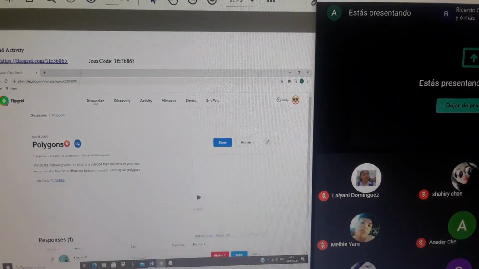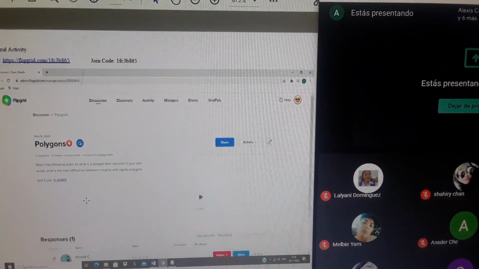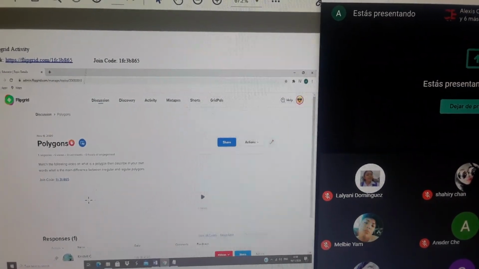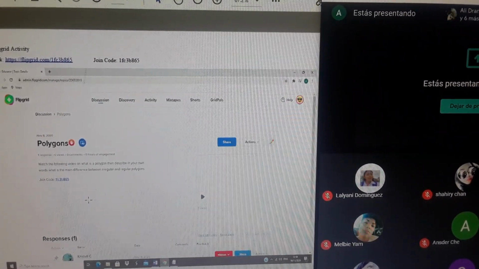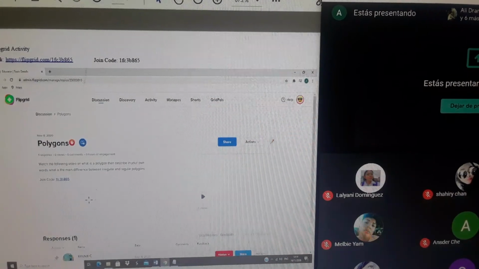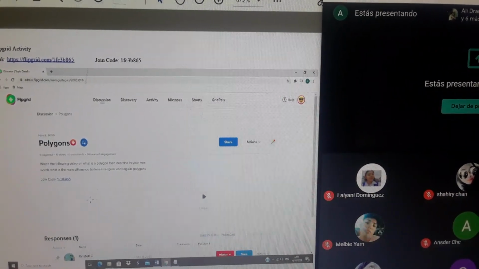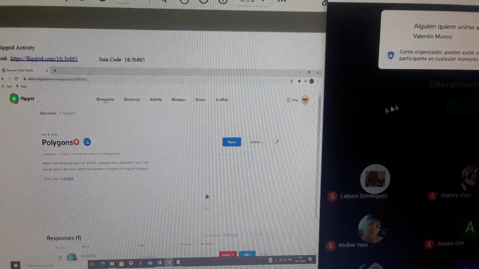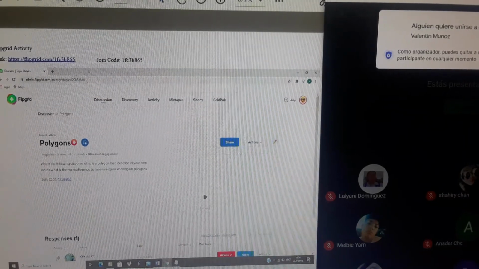Right down where the question is, there will be a red button that says record a response. You will click on that button, and it will allow you to record a response. What does that mean?